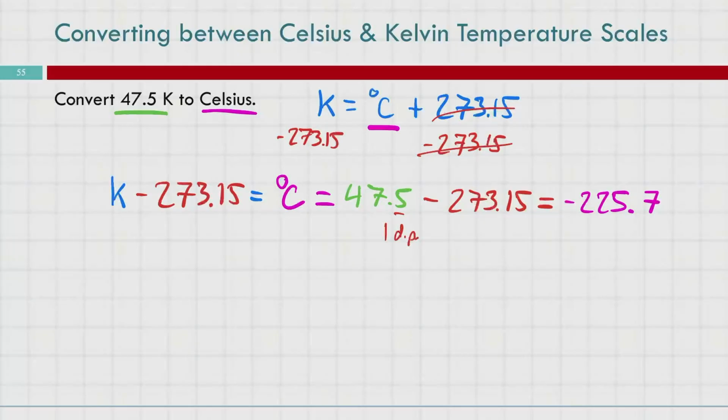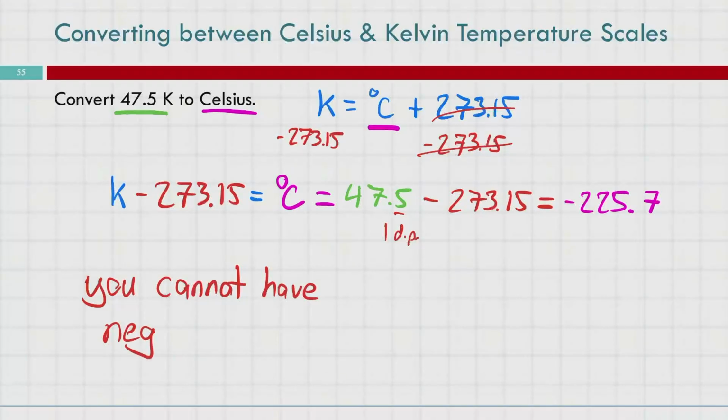So another thing that I forgot to mention about Kelvin is that you cannot have negative Kelvin. That's another quirk about Kelvin, because 0 is said to be the lowest absolute energy, no energy.